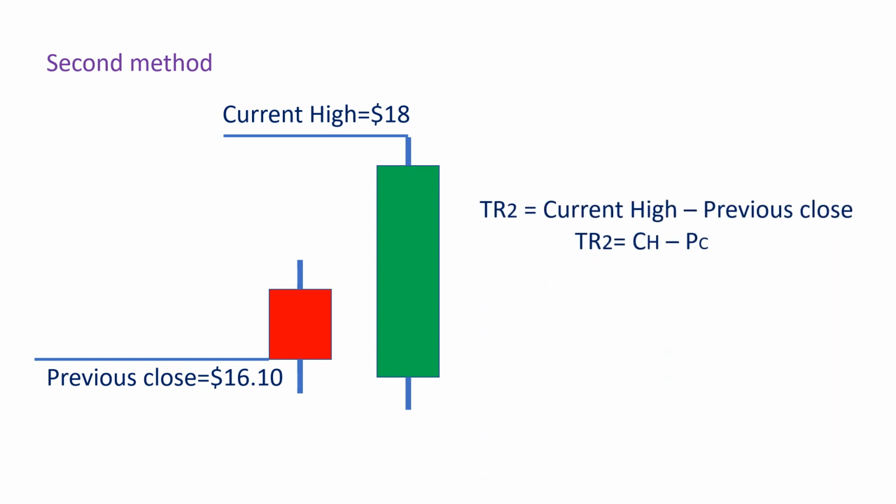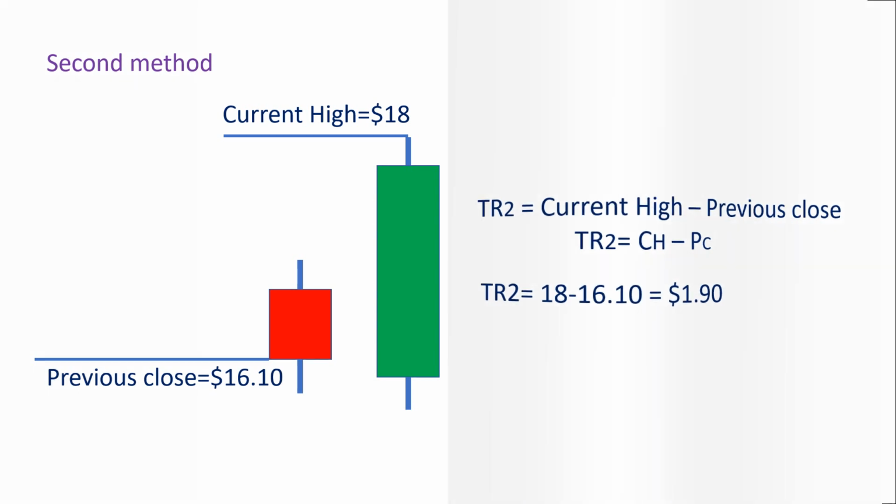The formula for this method is this, and the calculated true range value for the current candle is $1.90, which means the price fluctuates $1.90 for the duration of this candle.